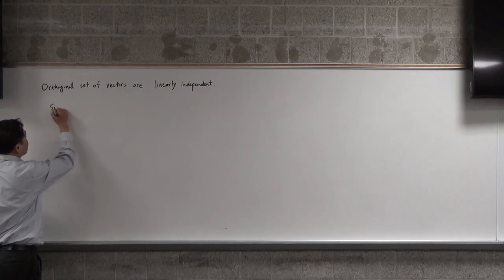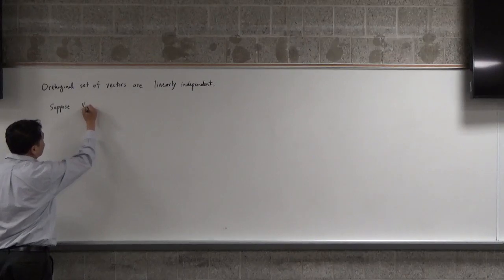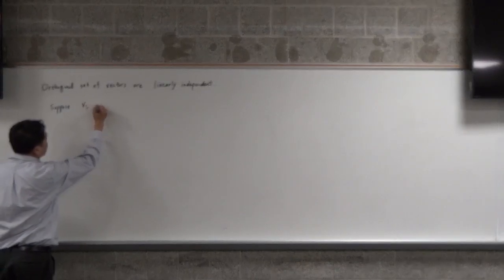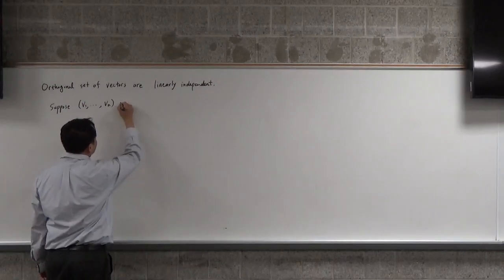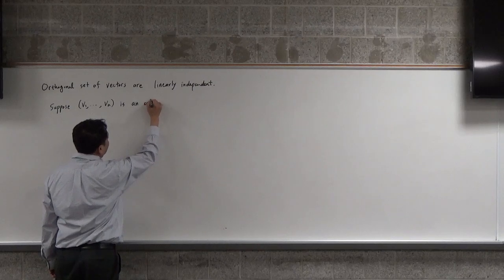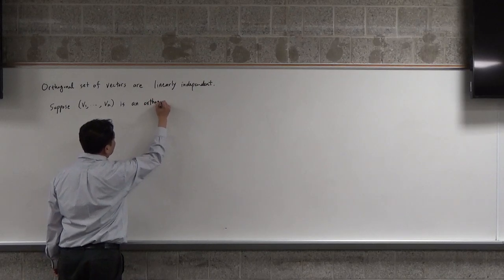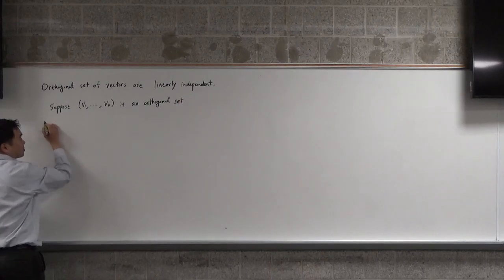Suppose V1 through Vn is an orthogonal set or list of vectors.